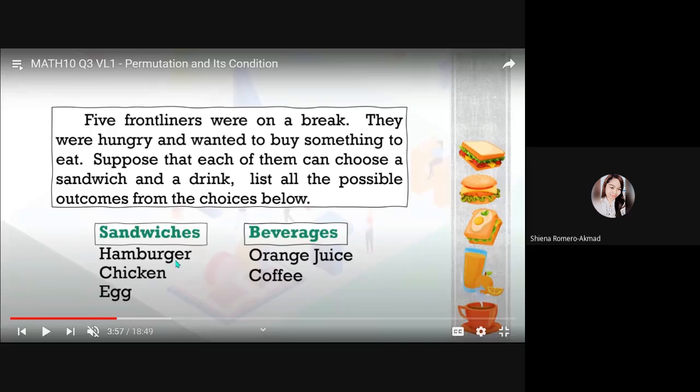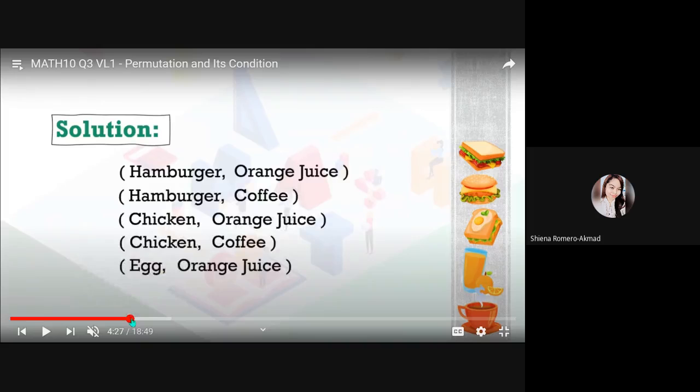So kapag pinair mo yan, ibig sabihin hamburger orange juice, hamburger coffee, ganon din sa chicken and egg sandwich. Okay, so all in all, there are 6 choices to choose from. So ito yung binanggit niya kanina. Yan yung mga choices na pwedeng pagpilian ng ating mga frontliners.